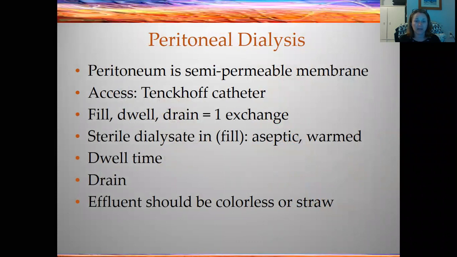With peritoneal dialysis, what is ordered for your patients is going to be an exchange. So an exchange consists of a fill time, so fluid coming in, a dwell time, so how long that fluid sits inside the peritoneal cavity, and then a drain. The draining of that liquid is going to be one exchange.